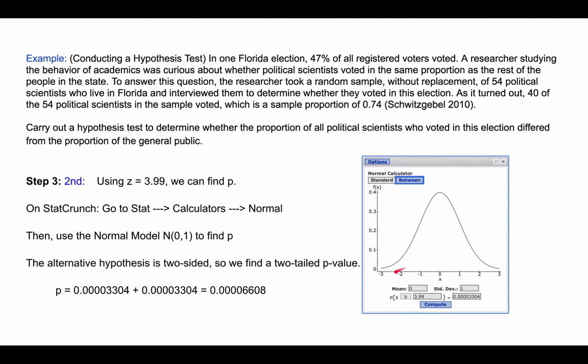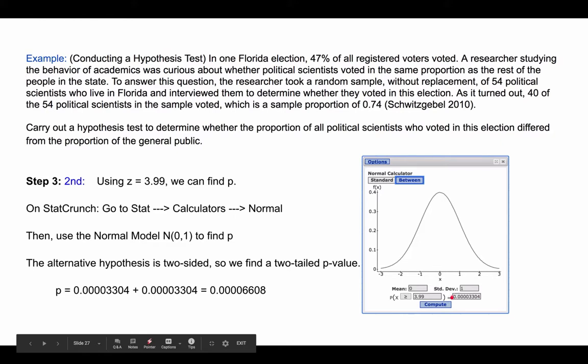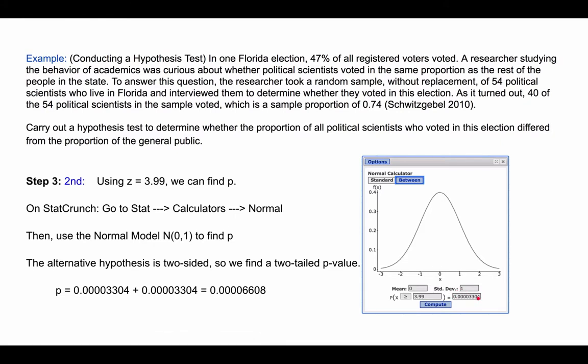The area to the left of negative 3.99 is the exact same as what you see here. So if we want to know the total area, which is too tiny to even shade, we would be adding up area to the right of 3.99 plus area to the left of negative 3.99, and those are both 0.00003304 because of the symmetry of that shape.